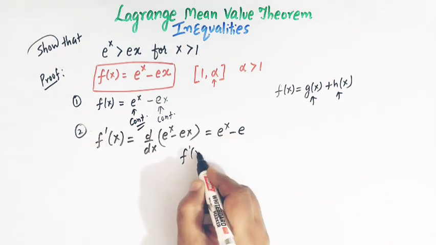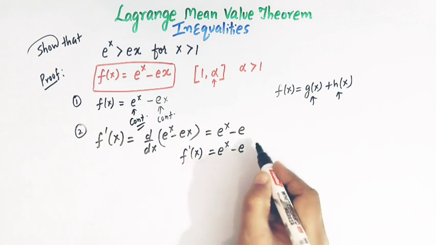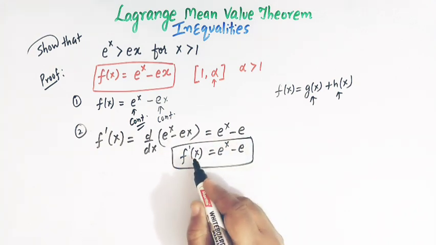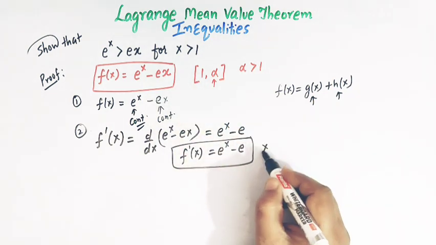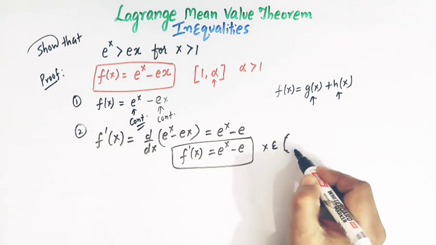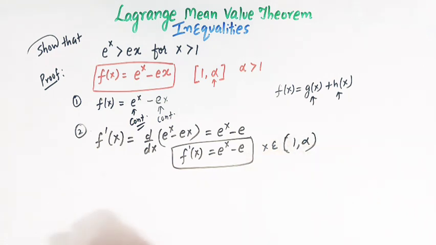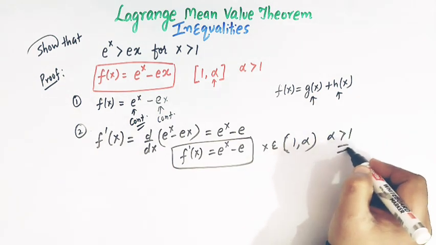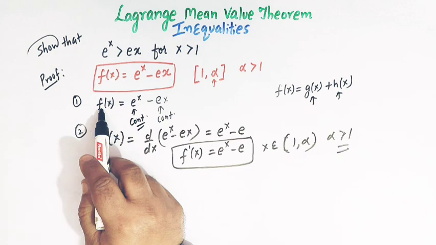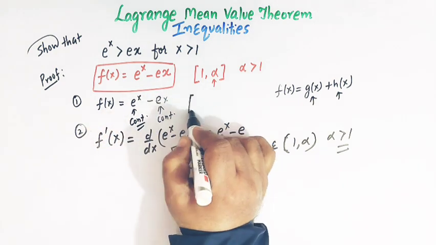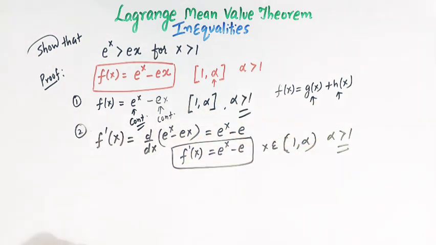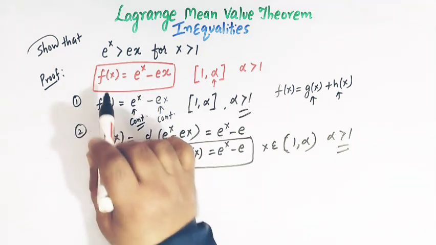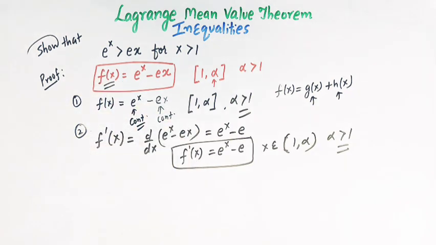So f prime of x is equal to e raised to x minus e, and this suggests that the derivative exists for all values of x which belongs to this interval, that is open interval 1 comma alpha, right, where alpha is greater than 1. And in the first case, the function f of x is a continuous function in the closed interval 1 comma alpha, where alpha is greater than 1. So the two conditions of Lagrange mean value theorem are well satisfied by this function f of x, right?